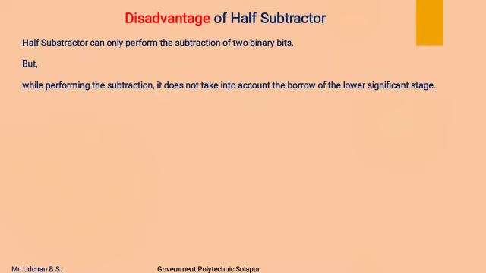So to overcome this disadvantage, we are going to use a full subtractor, which is capable of accounting for the borrow of the lower significant stage.